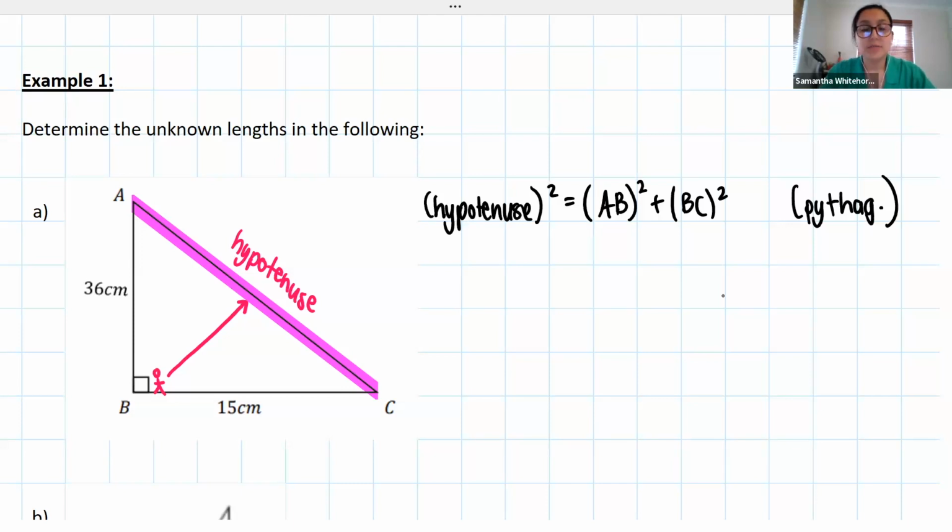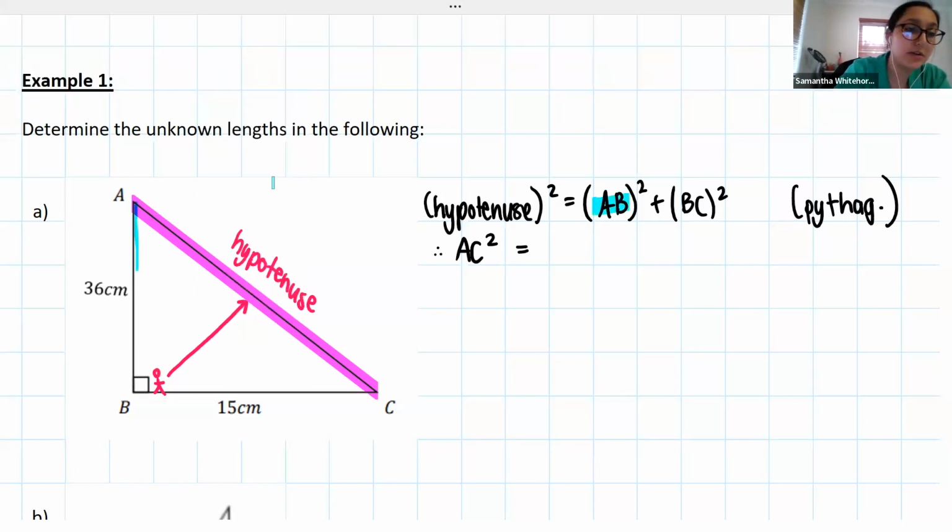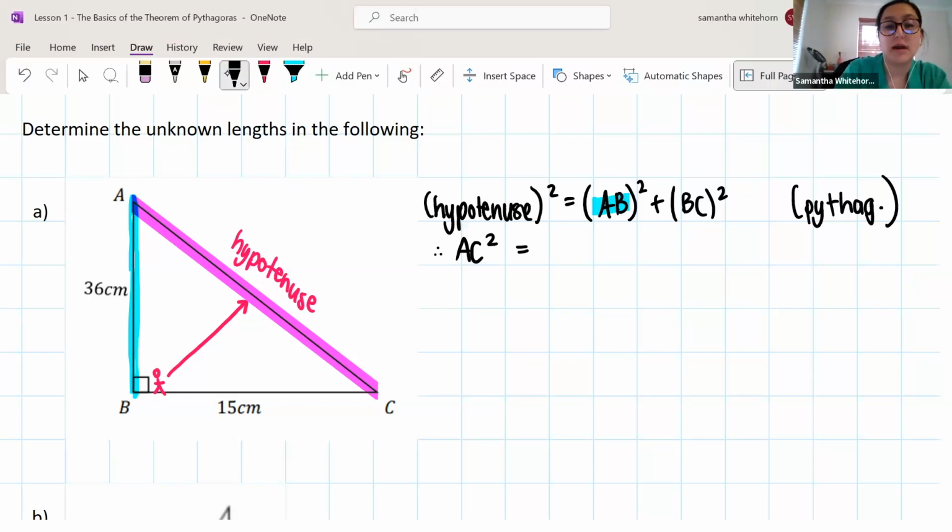Okay, so guys, now we can substitute in what we know and what we're solving for. So remember, I don't know what my hypotenuse is. That's going to be AC squared. I do, however, know what the length of AB is. So if we go to our triangle, AB is the side length of 36 centimeters. So because I know that, I can substitute that into my equation.